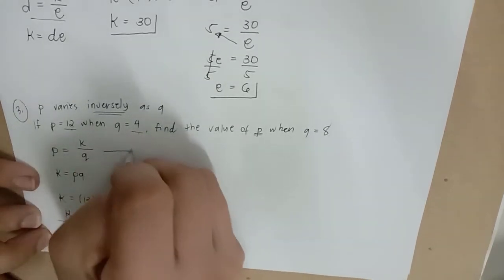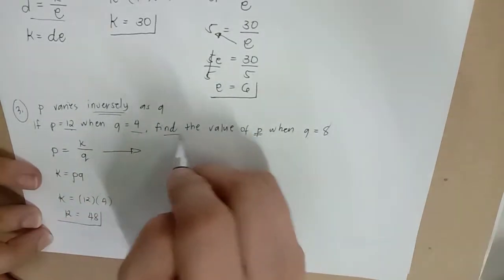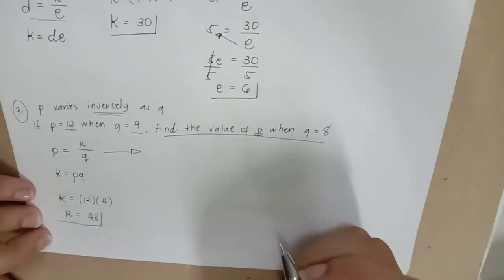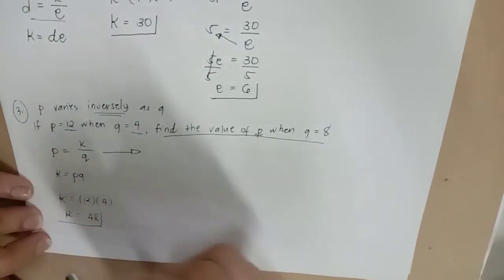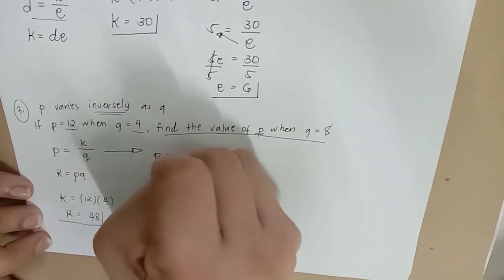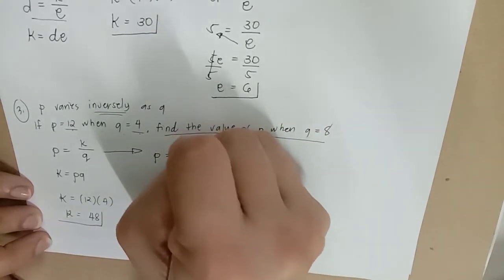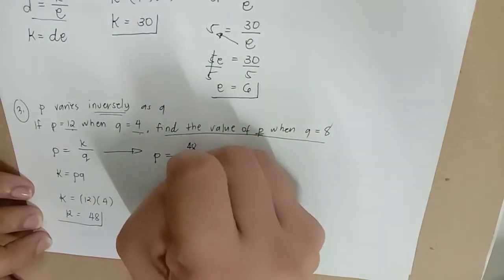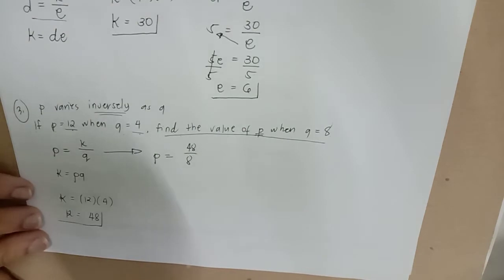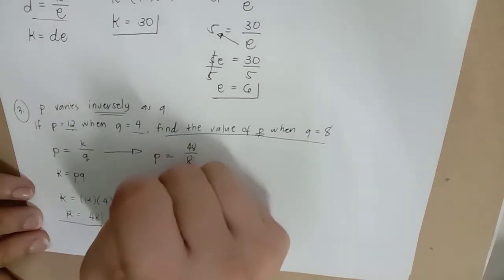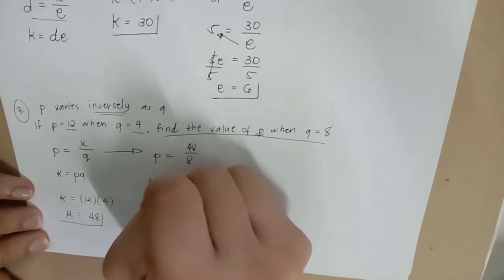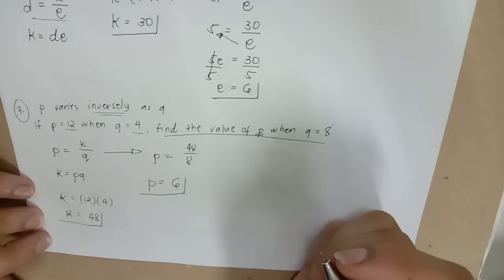Next, punta po tayo dito. Sabi dito, find the value of P when Q is 8. Substitute lang po natin. K natin is 48 divided by 8. Ayun. 48 divided by 8. Answer po is P is equals to, very good, 6.